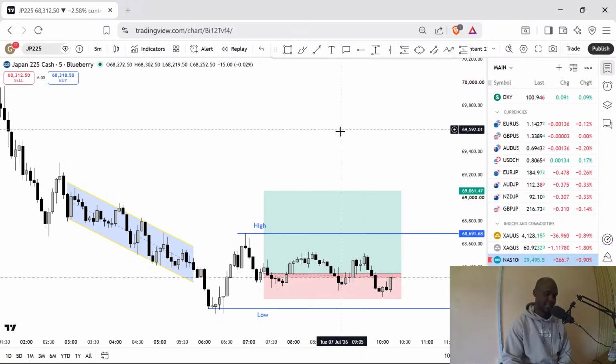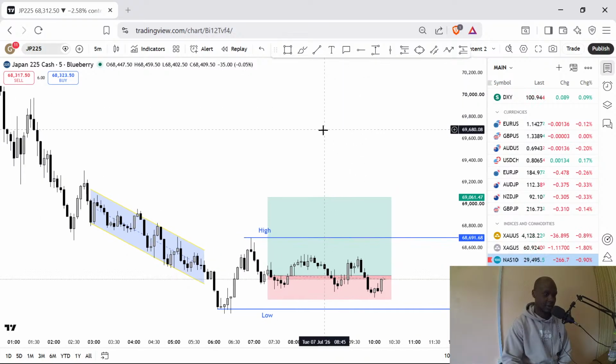Hopefully this trade is a win so that you can see how I get to manage the trade and lock some profits.